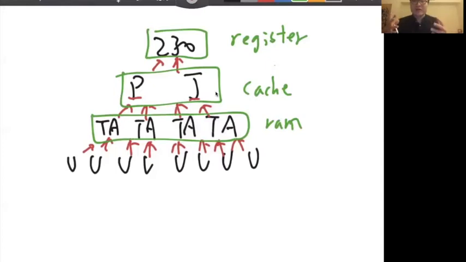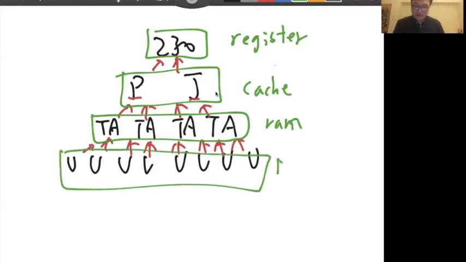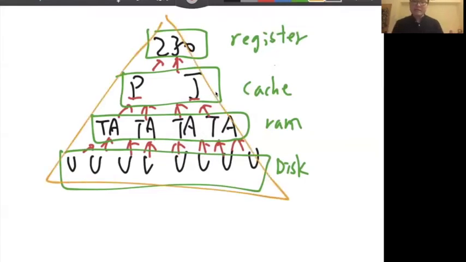A lot of the time we say memory, we say RAM, physical memory, okay? Then the last part is hard disk. So we try to load the data from disk to RAM to cache to registers. Then we can use the data in our registers to compute the result we want. So this is the hierarchy we have for this course, 230, actually for this machine.